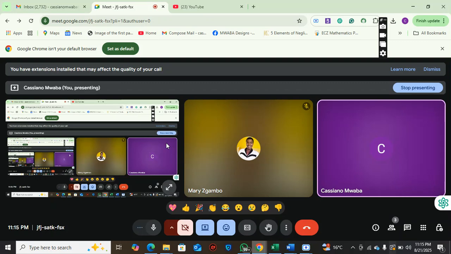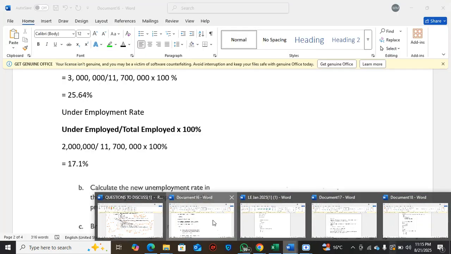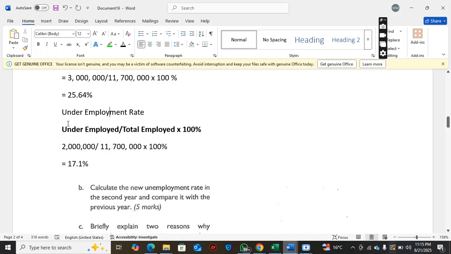That's being underemployed. The underemployment rate is the underemployed divided by the total employed times 100%. So the underemployed are 2 million. 2 million divided by 11.7 million, we get 0.171 times 100, 17.1% are underemployed. Any questions, madam?